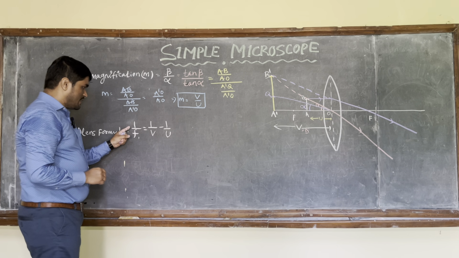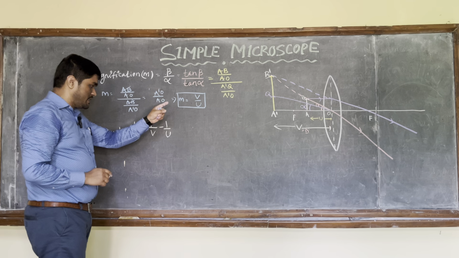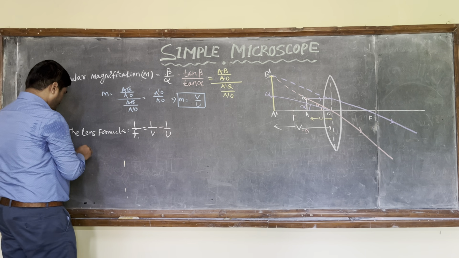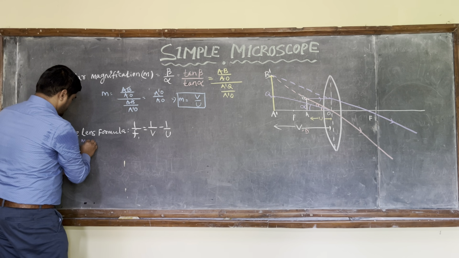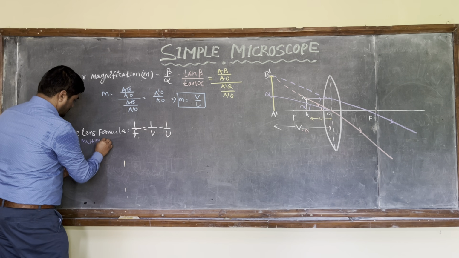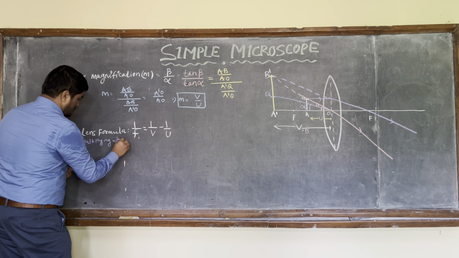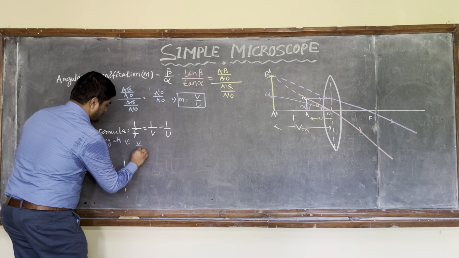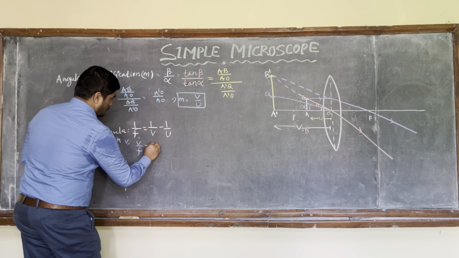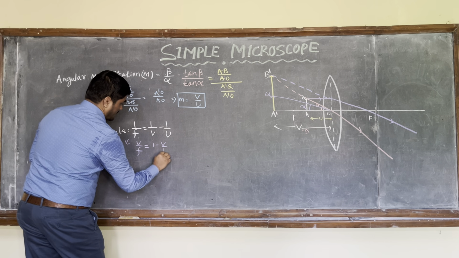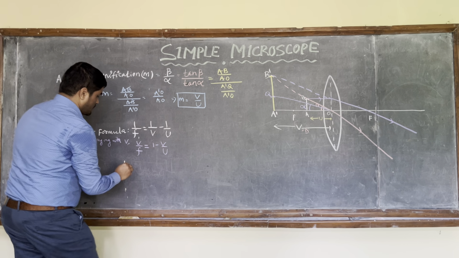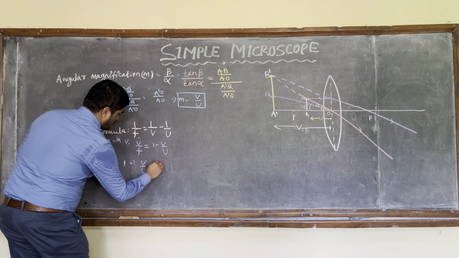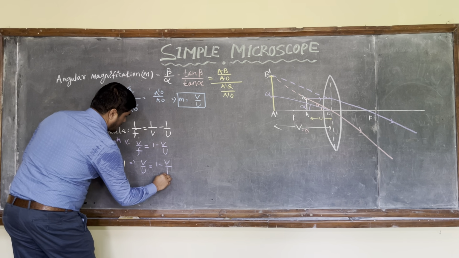If you multiply this equation with v, you will find v divided by f equals 1 minus v divided by u. That implies v divided by u equals 1 minus v divided by f.